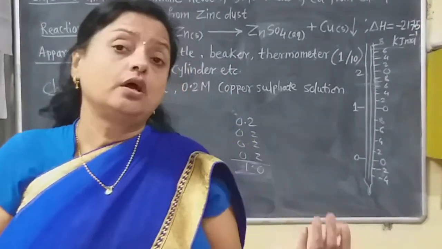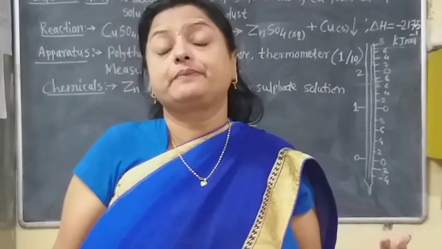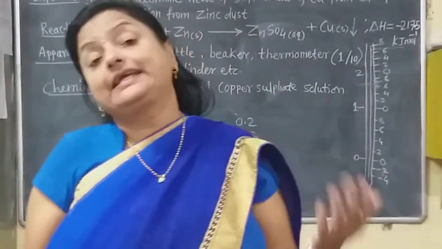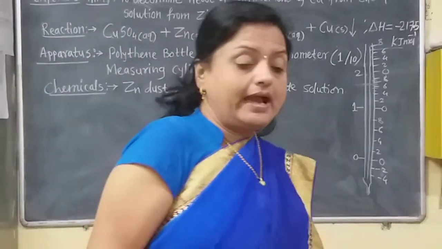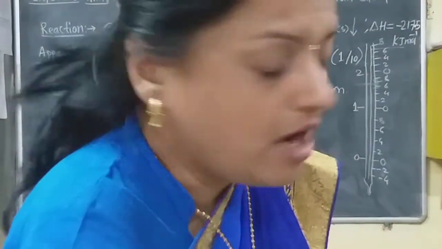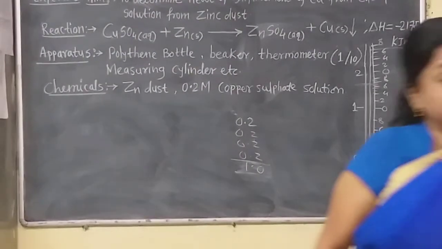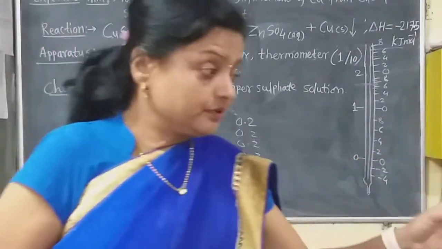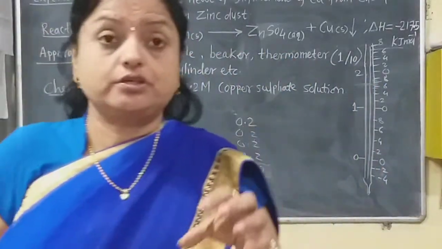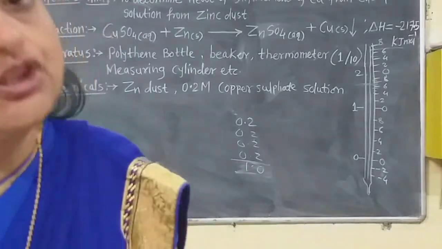I will show you after the completion of this practical the observation table and calculation, how we can do it in the examination. Now add the 1 gram of this zinc powder into this polythene bottle and immediately cork it up, and add into that the thermometer.